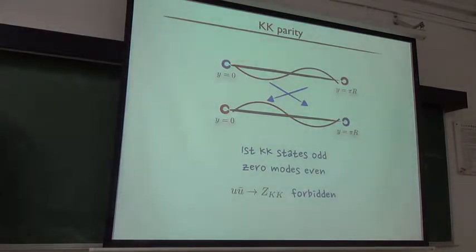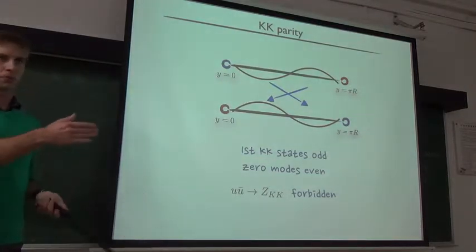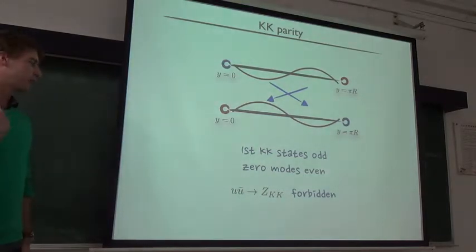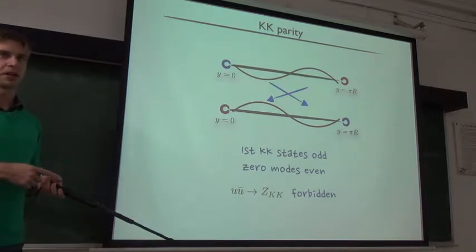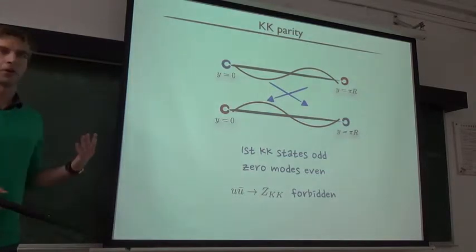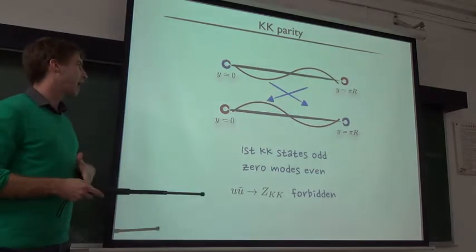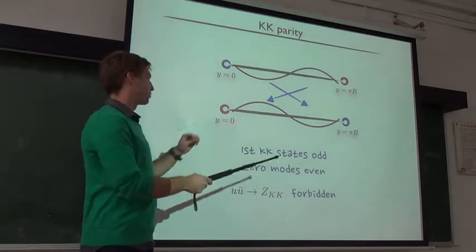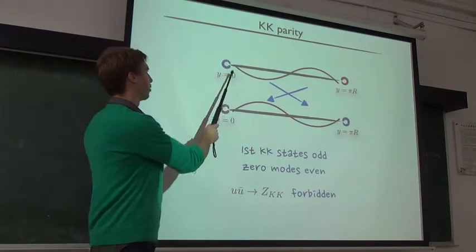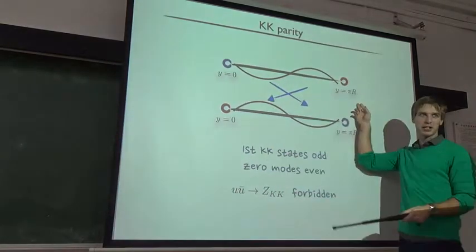There's something called KK parity in these models. What I would like to see is, I have these zero modes of my standard model particles that are the things we're made of, but you would like to be able to produce, when I collide particles together, for example, the first KK mode, so the first excitation of the Z boson, for instance. But what happens in these models is that at leading order these models don't distinguish the y equals 0 side of the extra dimension from this side of the extra dimension.